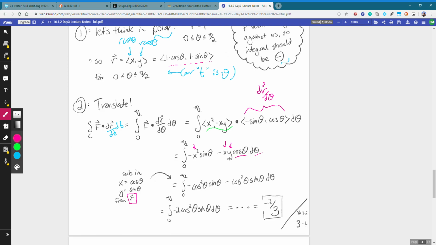There is another cosine there, and so that becomes cosine squared. And then y becomes sine. And actually, nicely, these two are the same, and so we can collect this as negative 2 cosine squared theta sine theta. And at this point, the dust has settled, and pop quiz: what could we use to integrate this kind of Calc 1 integral that we are left staring at?